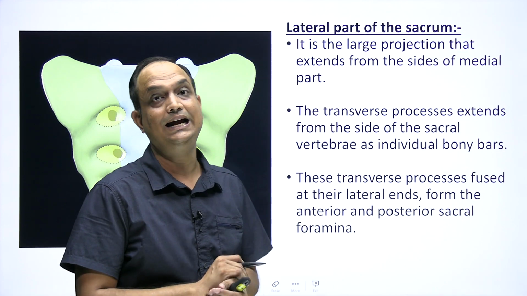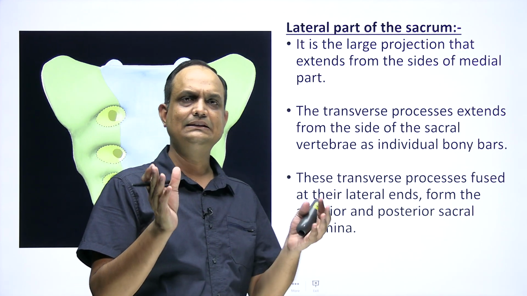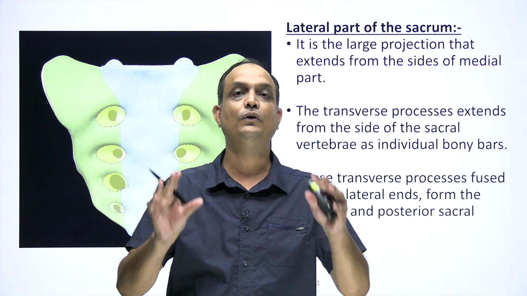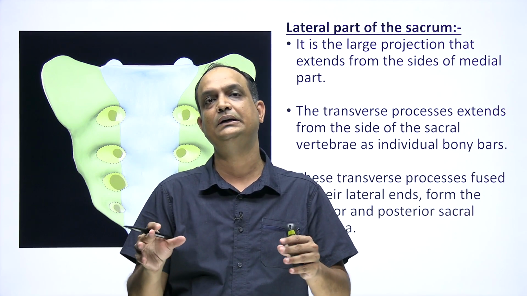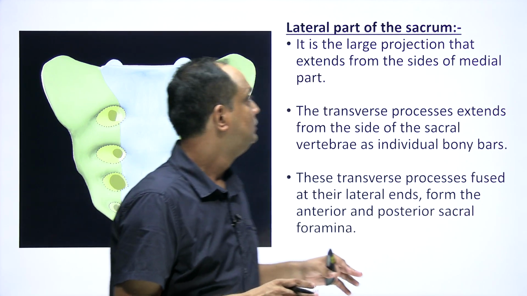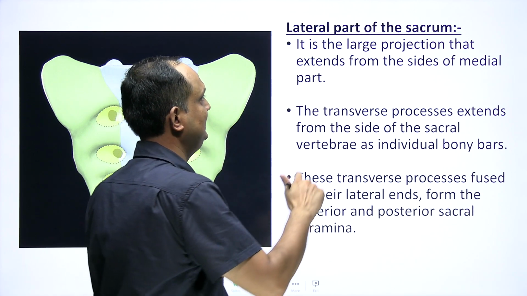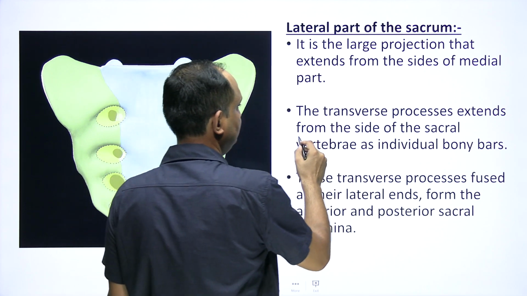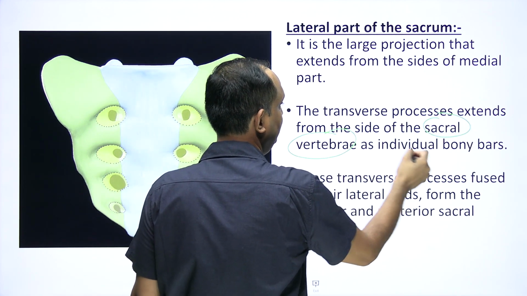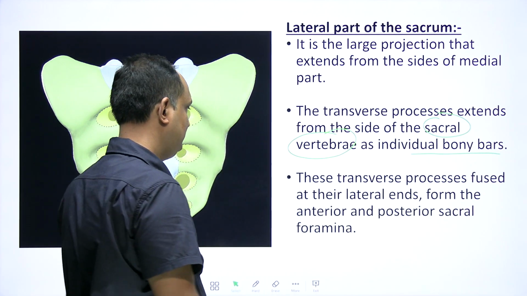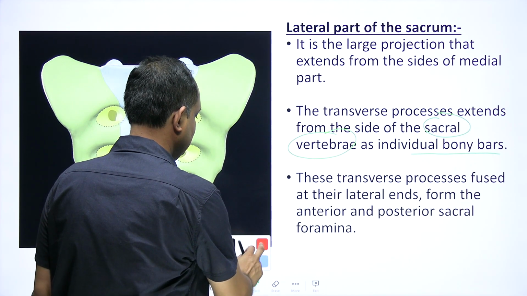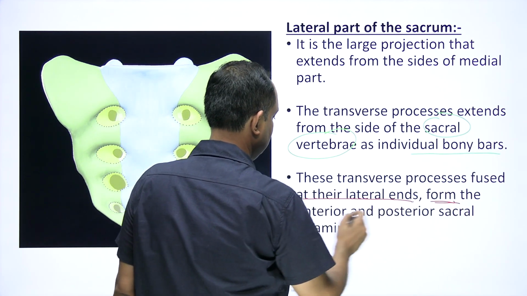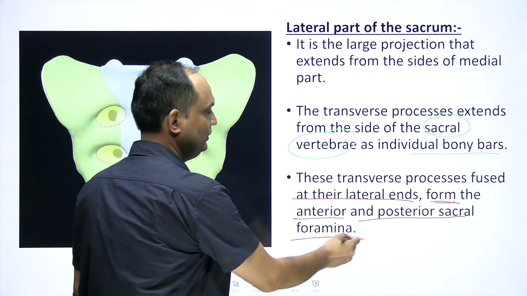Now what about the lateral part of the sacrum? As I already told you initially, the lateral mass of the sacrum is formed by the fusion of costal element and transverse processes. So it is a large projection that extends from the side of the medial part. The transverse processes extend from the side of the sacral vertebrae as an individual bony bar initially, but later on these transverse processes fuse at their lateral end and form the anterior and posterior sacral foramina.